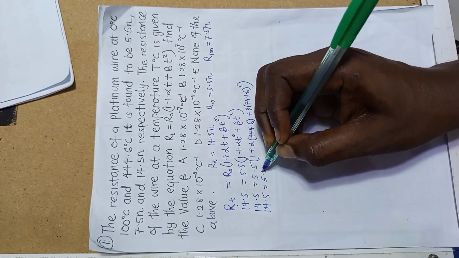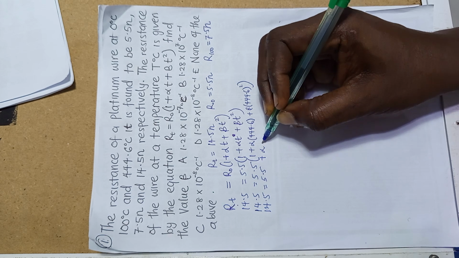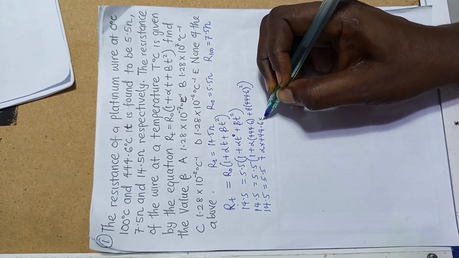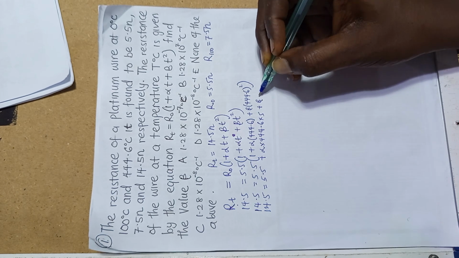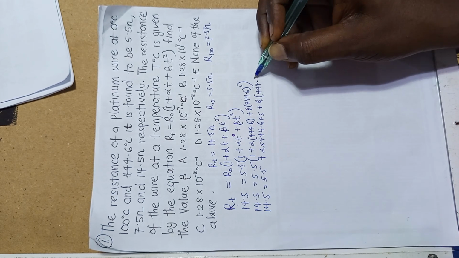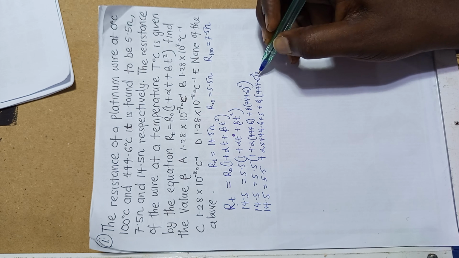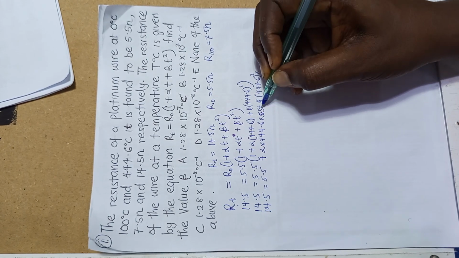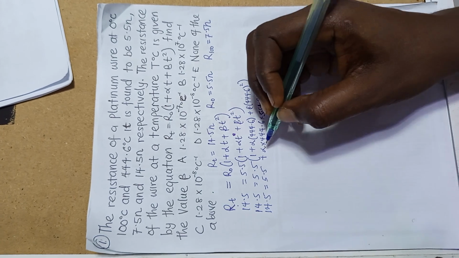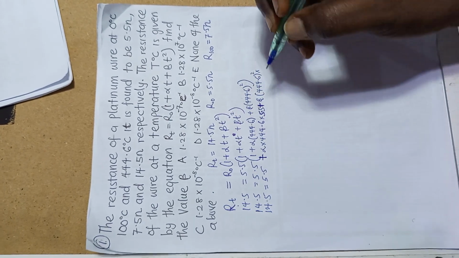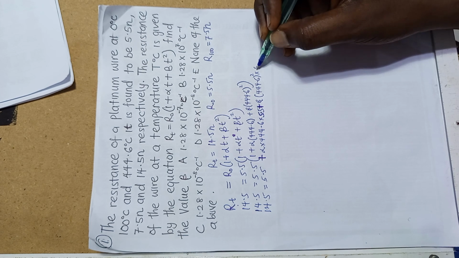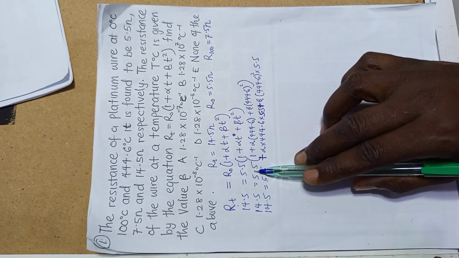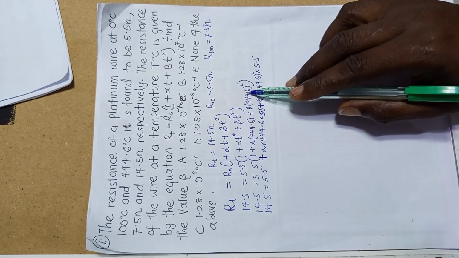I want to have 14.5 equals 5.5 plus alpha times 444.6 times 5.5 plus beta of 444.6 all square times 5.5. So you use 5.5 to multiply this, use 5.5 to multiply this, and use 5.5 to multiply this.